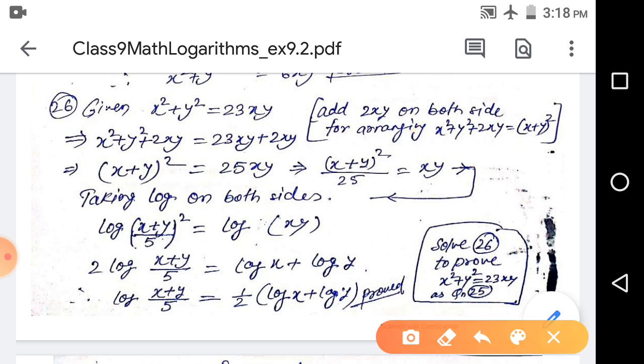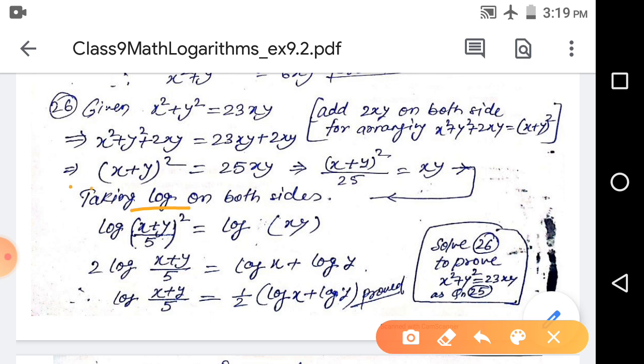Now we are taking log on both sides, see this one is the new line. We can do that, because whatever we have to prove is given in the book, and that is in log. So we have to take log on both sides, because we have only the equation with variables.